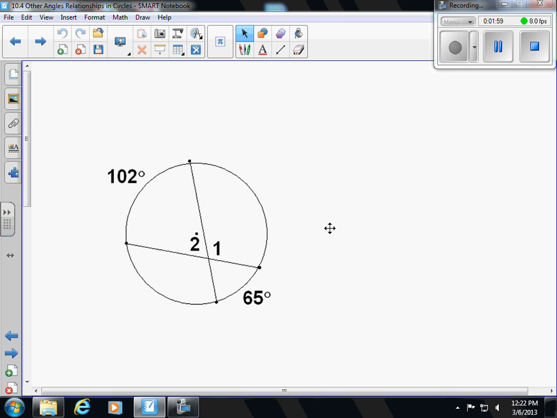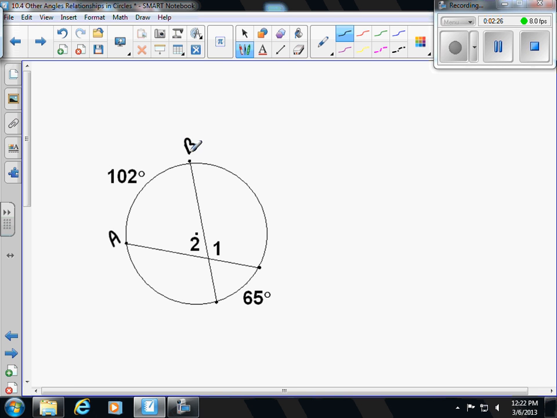This is a case where the vertex of an angle is inside the circle. So, for instance, let's say that we'd like to find the measure of angle 2. It's going to be impossible to find the measure of angle 1 because we don't know the measure of the arcs surrounding angle 1.